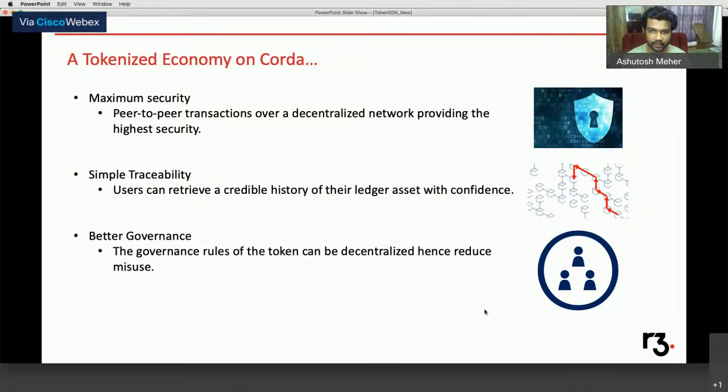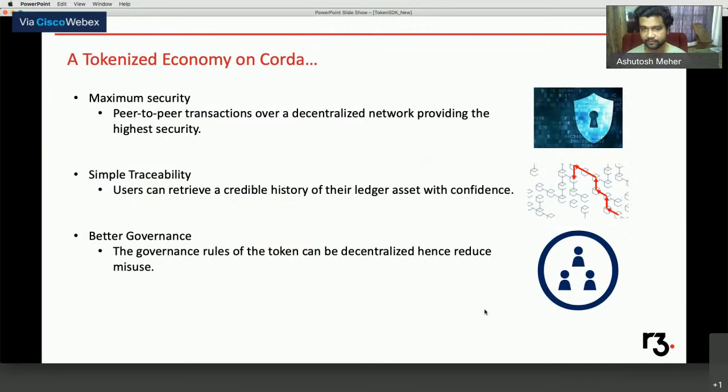how is tokenization working on Corda? What are we going to get? There's not much that I need to talk about on this, but it's just that putting tokens on a blockchain provides you all those benefits which DLTs and blockchain in fact offer, right?